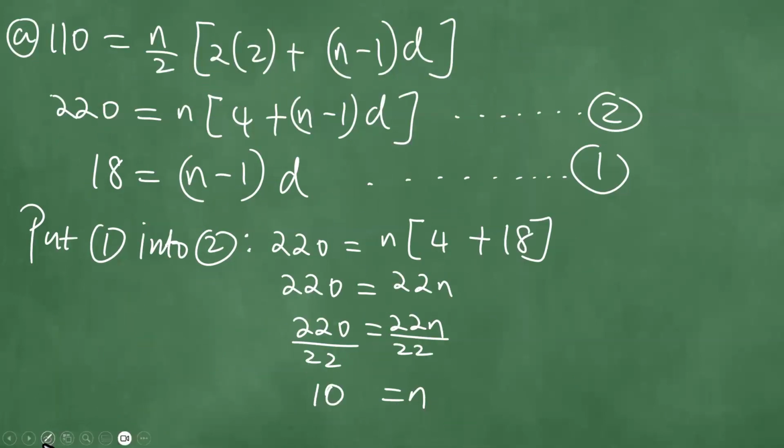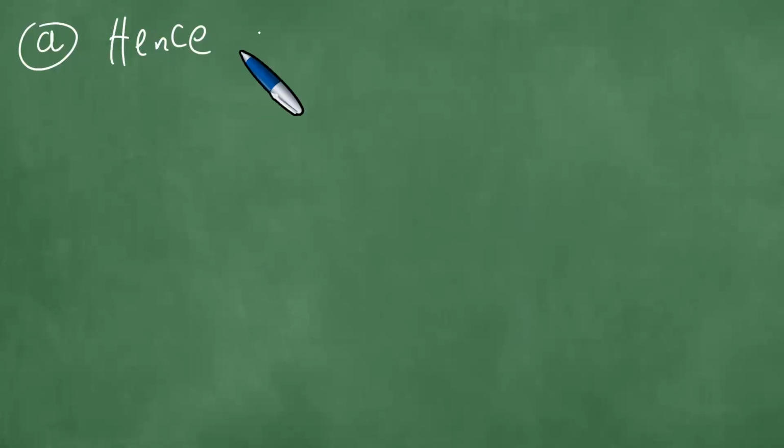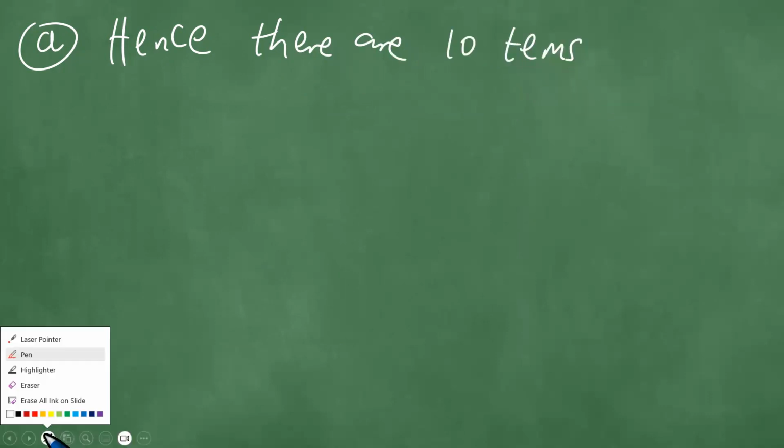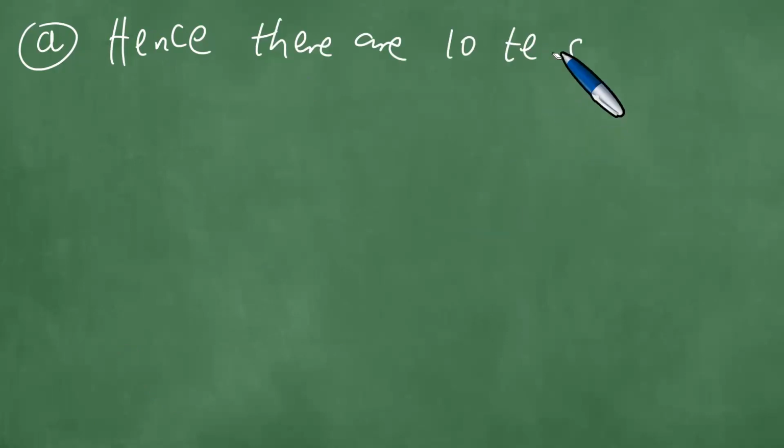We've already got that the number of terms is 10. So in other words, in part A, hence there are 10 terms in the series.